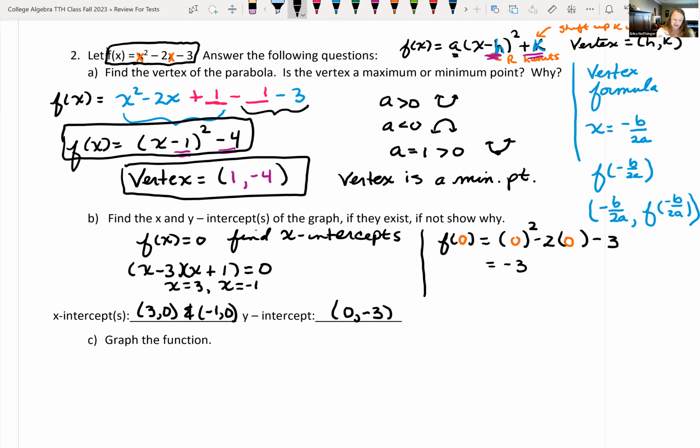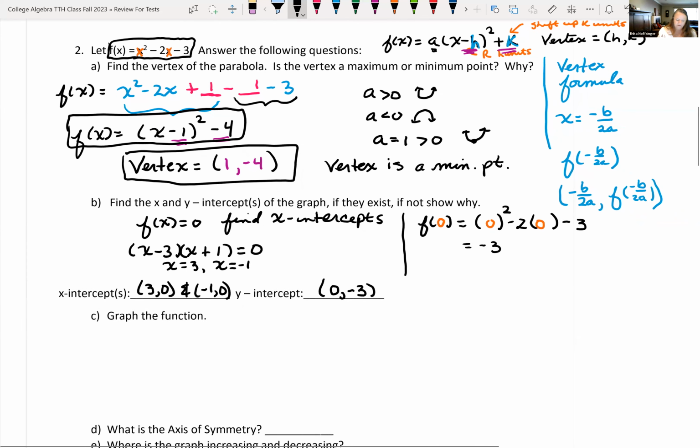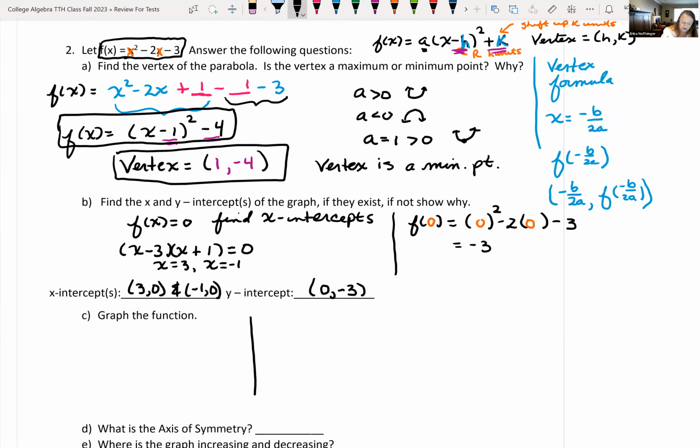So graphing the function, we have our vertex at (1, -4). So putting our point there. We have x-intercepts at (-1, 0) and (3, 0). And a y-intercept at -3.